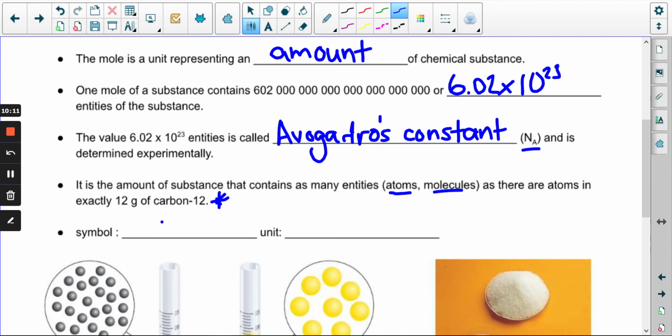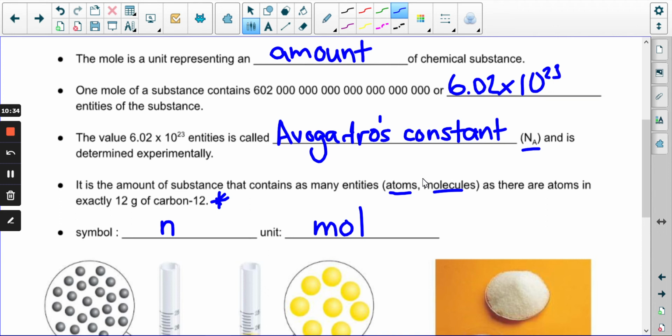The symbol we're going to use here is a lowercase n. That represents number of moles. The unit for moles is something new we haven't seen before. MOL. So MOL represents the units for moles, and we're going to practice using that very, very soon.